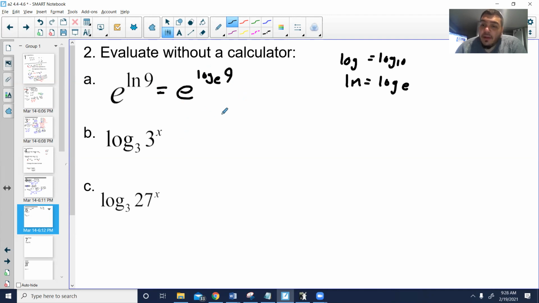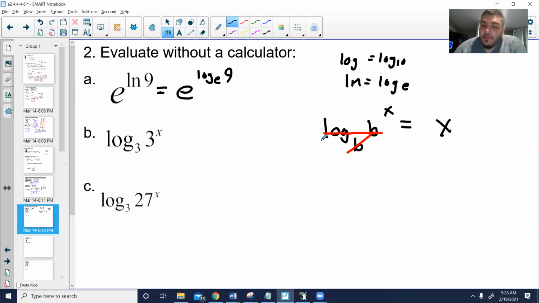Now, here is the special rule about logs. If you have a log where the base is the same as the base of the number, and you have some exponent on top, let's say x, you can cancel out the base of the exponent and the base of the log, and what you will be left with is x.